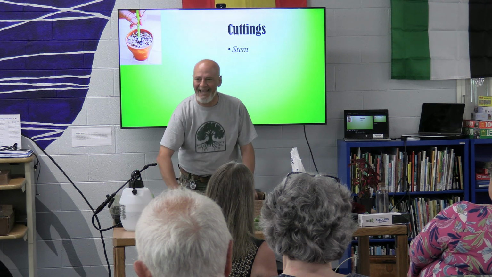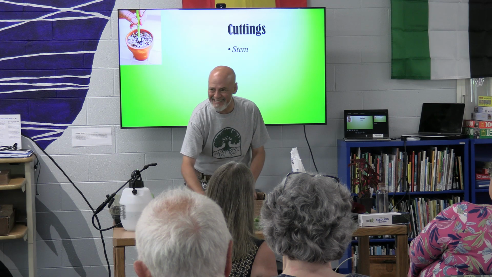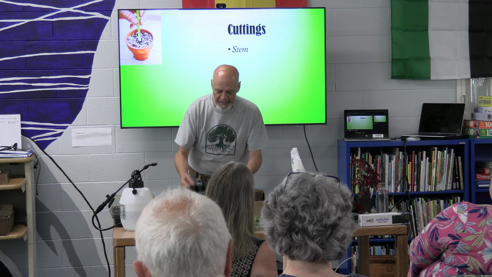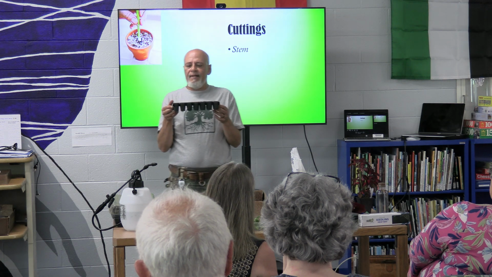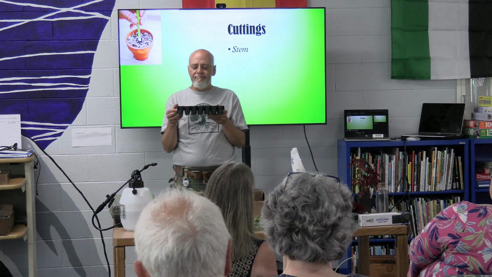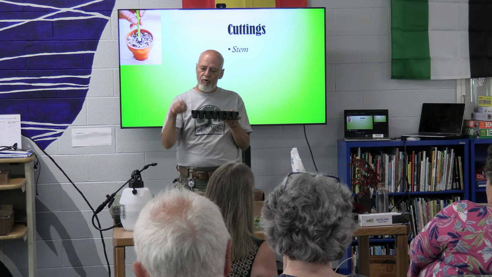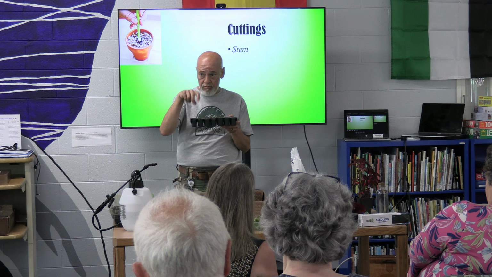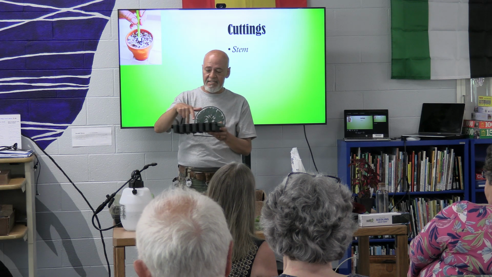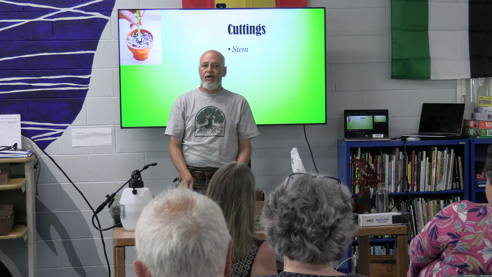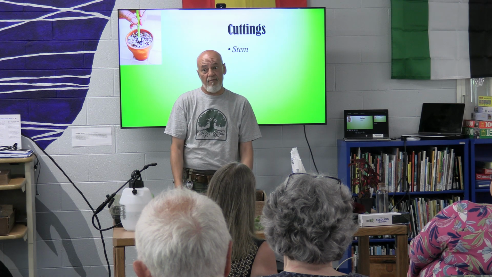Roots are the sign that you have success in propagation. In the smaller cells, as long as you can tend them and give them what they need, the smaller the cell is, the faster it's going to root out. And once roots touch the side of each one of these little cells, you're ready to pot up, and then you're going to have a plant.